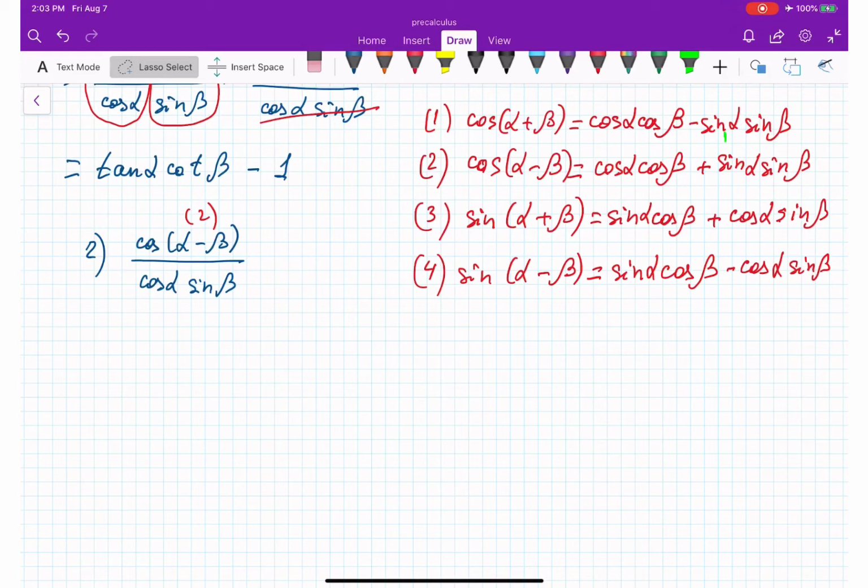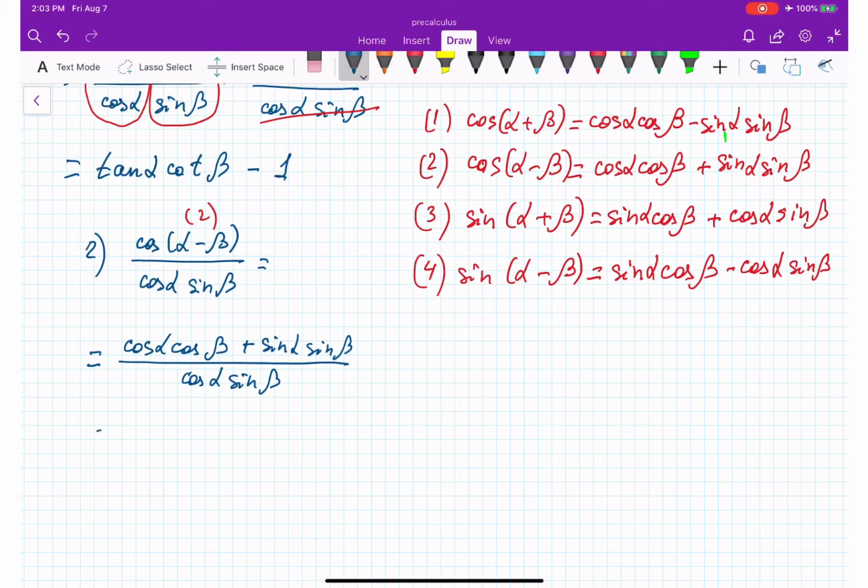This is going to be cosine alpha cosine beta plus sine alpha sine beta divided by cosine alpha and sine beta.